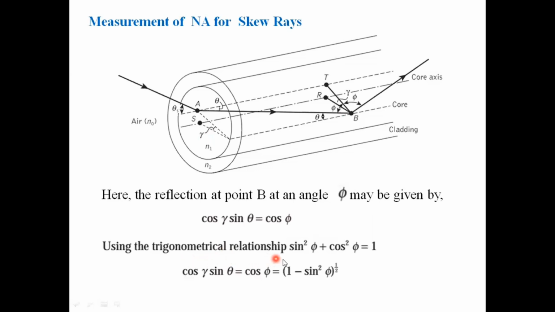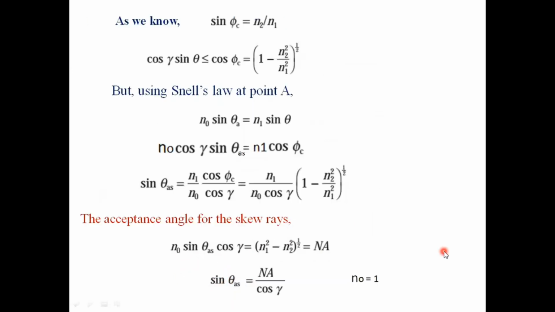Using the trigonometrical relationship sin squared phi plus cos squared phi equal to 1, we can identify cos phi. Therefore, cos gamma sin theta equal to cos phi, which is equal to (1 minus sin squared phi) whole power half.